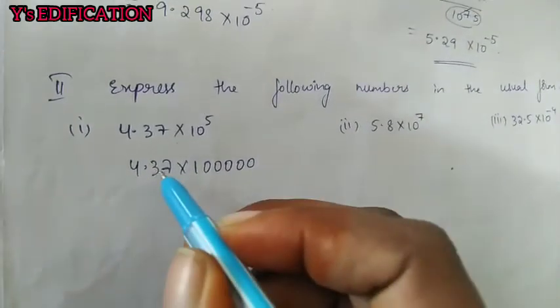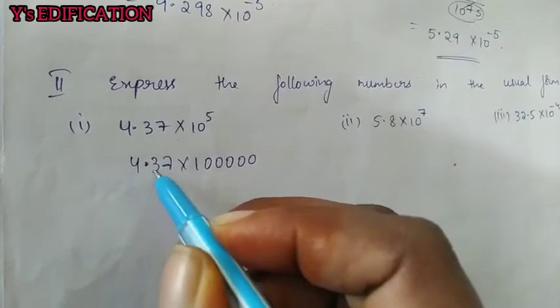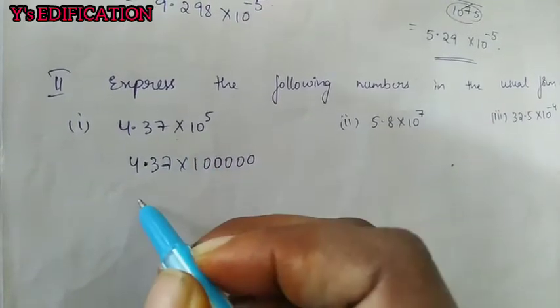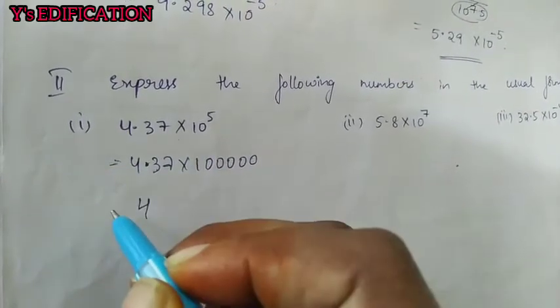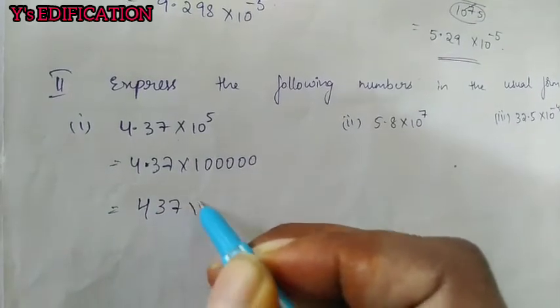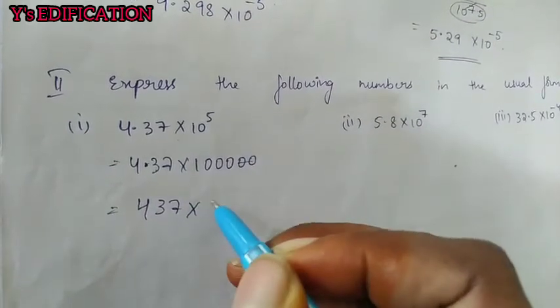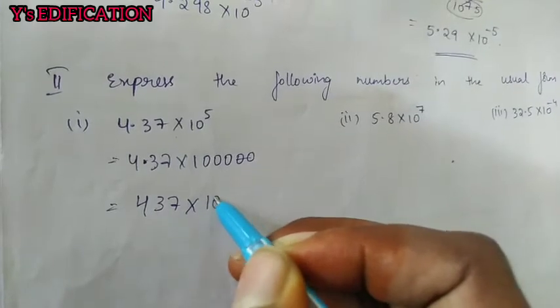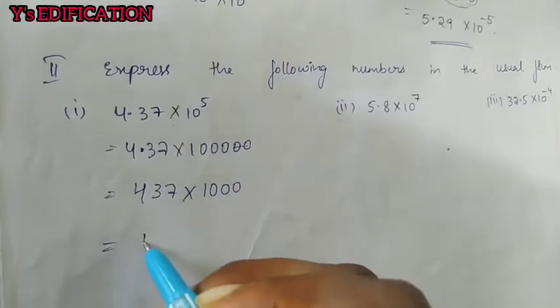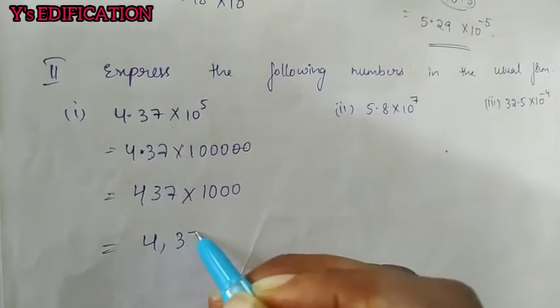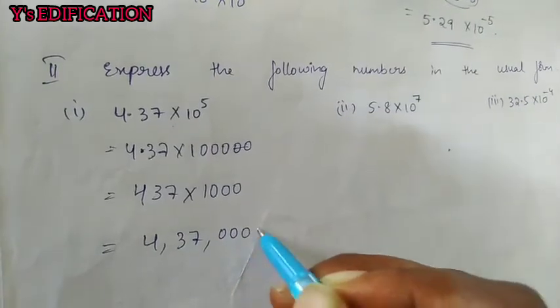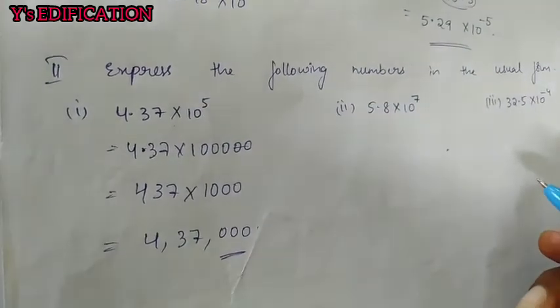Okay. So I am changing this decimal by 2 digits later. So it will become 437 into, 2 digits are eliminated here. Okay. So 1, 2, 3. That means 4,37,000 is the answer. Okay.